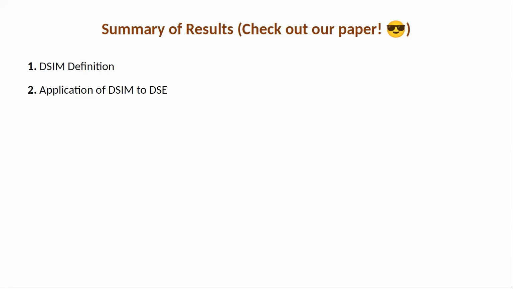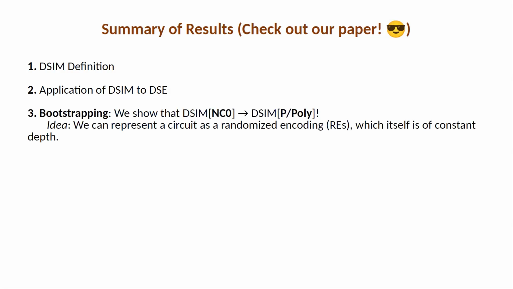So these are not the only things that we look at in this paper. The paper has some other quite interesting results, which I would encourage you to look at. We looked at the definition and then the application, but we also have a bootstrapping result. We show that if you can construct DSIM for constant depth circuits, you can also get DSIM for arbitrary polysize circuits.